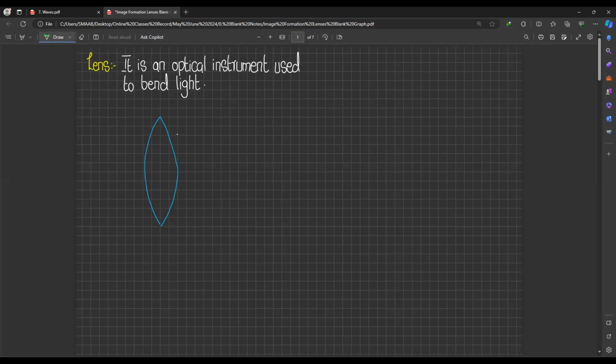So we call this converging and convex lens.